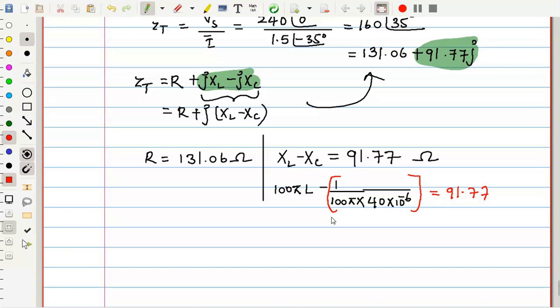This term we will get as something like 79.577. Is that correct? Check it.